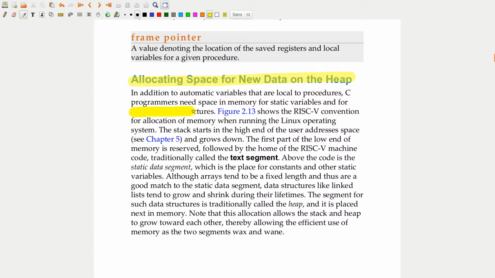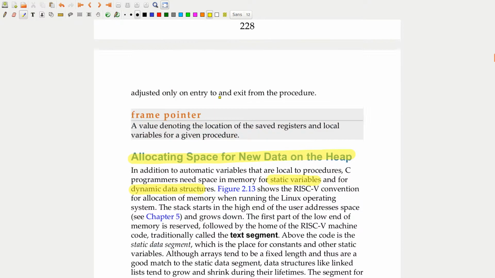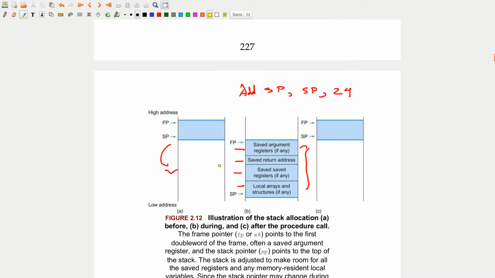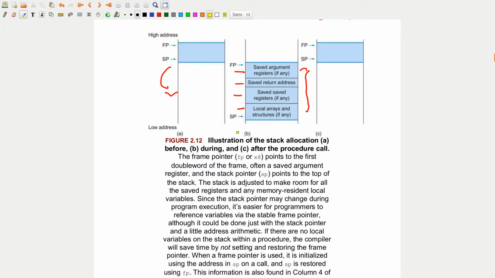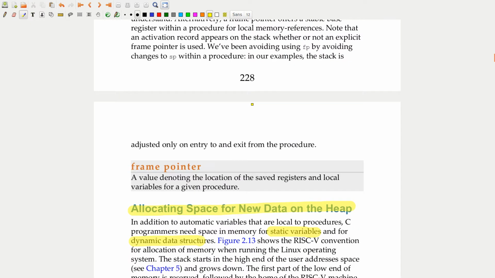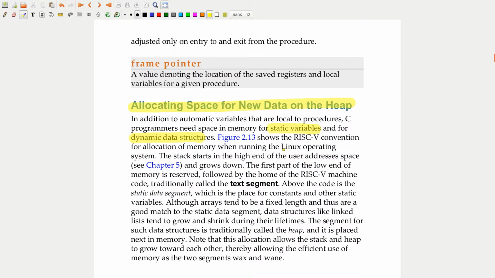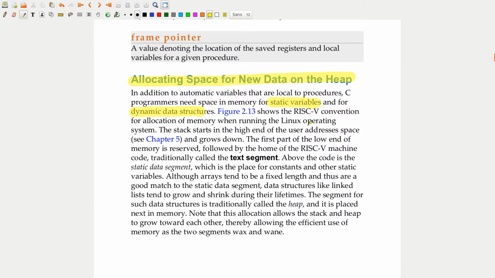So remember, when we're talking about the stack here, we're talking about mainly local things. But when we're talking about the heap here, we're talking about these static things, or static variables, variables that will exist continuously in both the procedure and the main program.